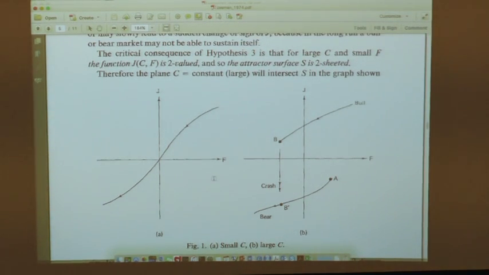But if C is very high, F equal to 0 becomes an unstable point. The market goes either bullish or bearish, and there is a discontinuity that happens very close to F equal to 0, if C is very high, that is, the speculation is very high. So this is the cusp catastrophe model that he used. It will be elaborated more by Petri and Vishu.